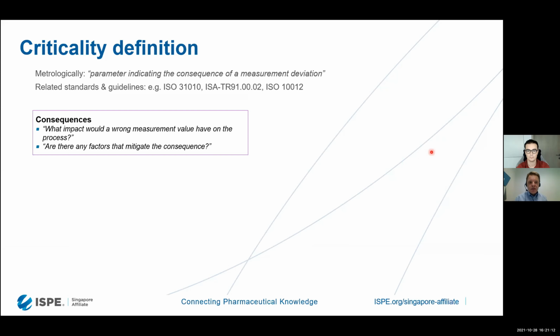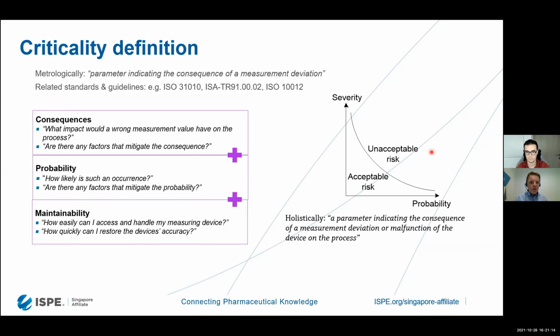Can you, Adrian, please click twice so all of the slide will be there? Thank you. What impact would a wrong measurement value have on the process? Are there any factors that mitigate these consequences? That's one aspect. What would be the consequence of the wrong measurement? Second, what is the probability of that event?